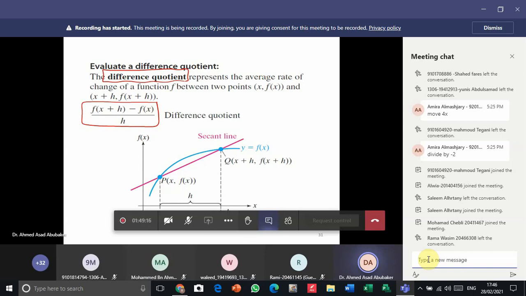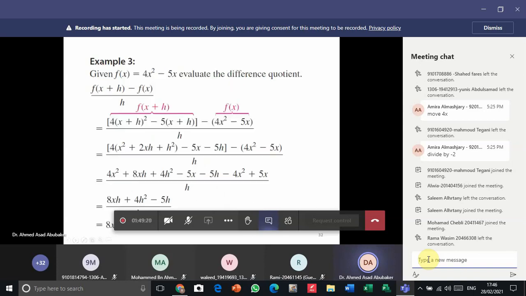Okay? For example, if we have f of x like this, and we need to find the difference quotient of this value. This is the formula of difference quotient. So firstly, find the f of x plus h like this. This is f of x plus h from here to here. What's the meaning of x plus h?